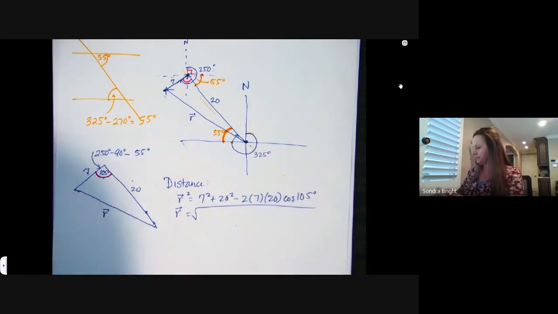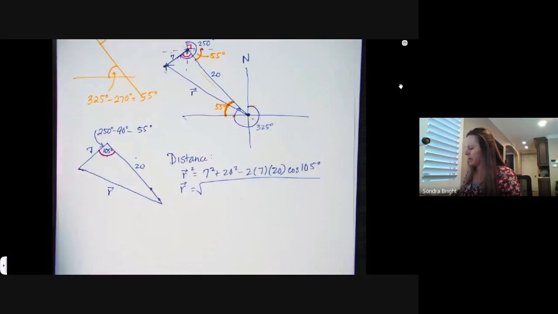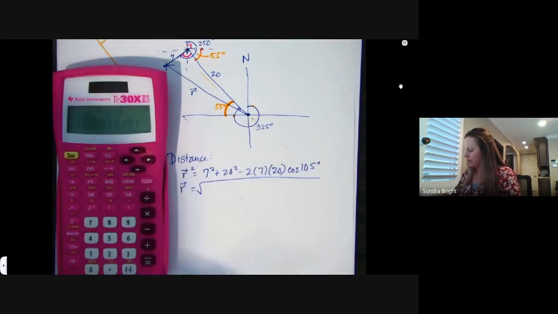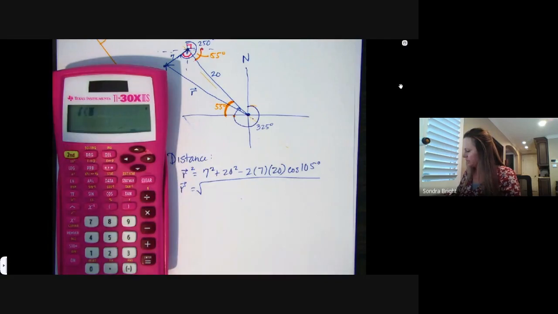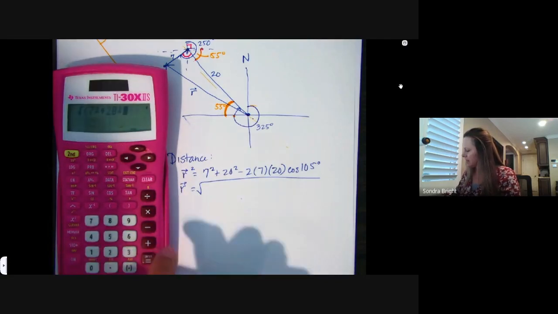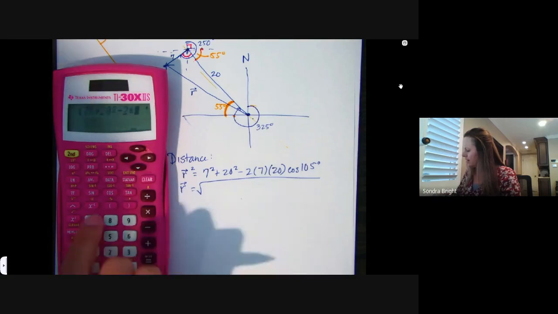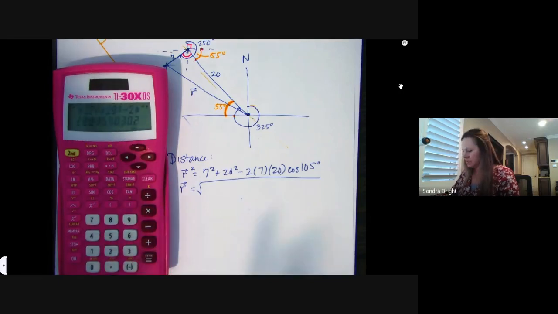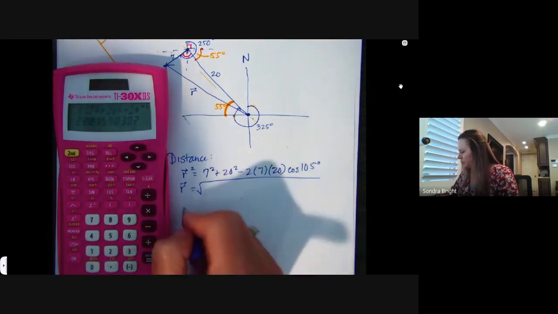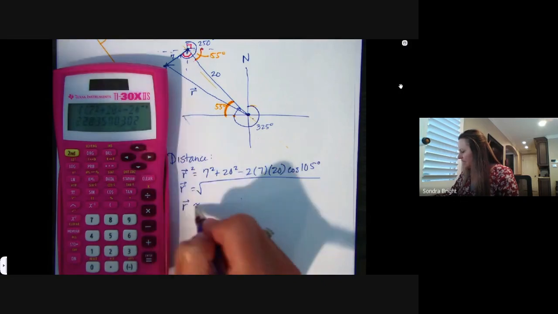And so I'll put it in my calculator. We're going to go square root of 7 squared plus 20 squared minus 2 times 7 times 20 times the cosine of 105. And I get that r is about 22.8357, blah, blah, blah.